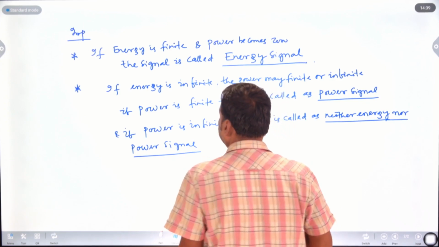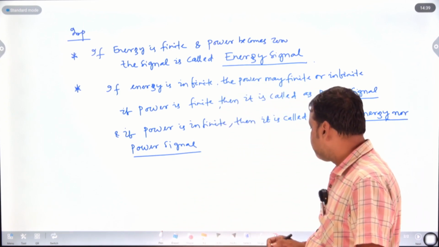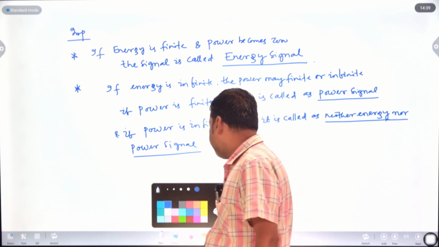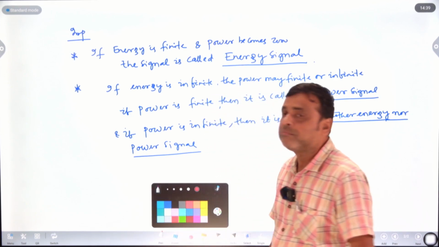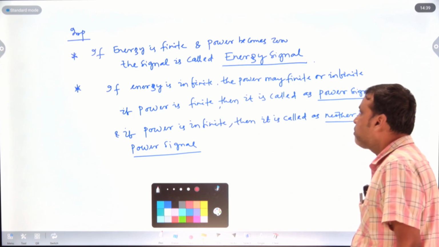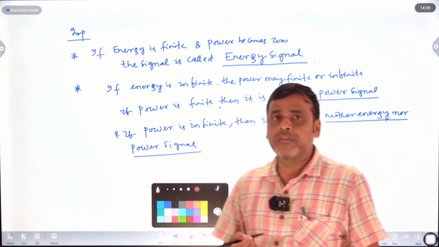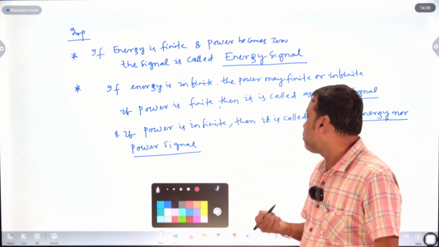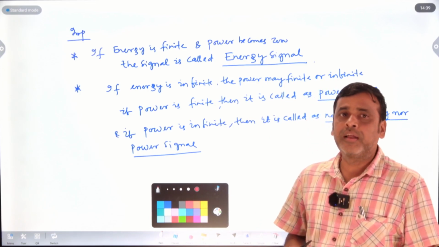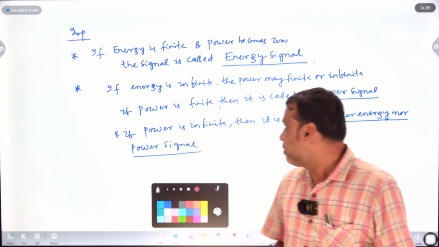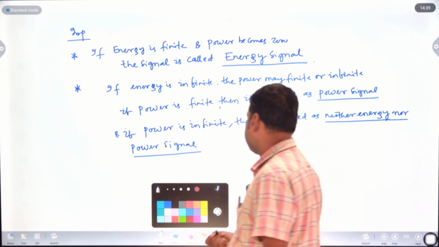So now we will discuss examples. From examples we will discuss, for a discrete signal x of n, how the signal is either an energy signal or power signal or neither energy nor power signal.